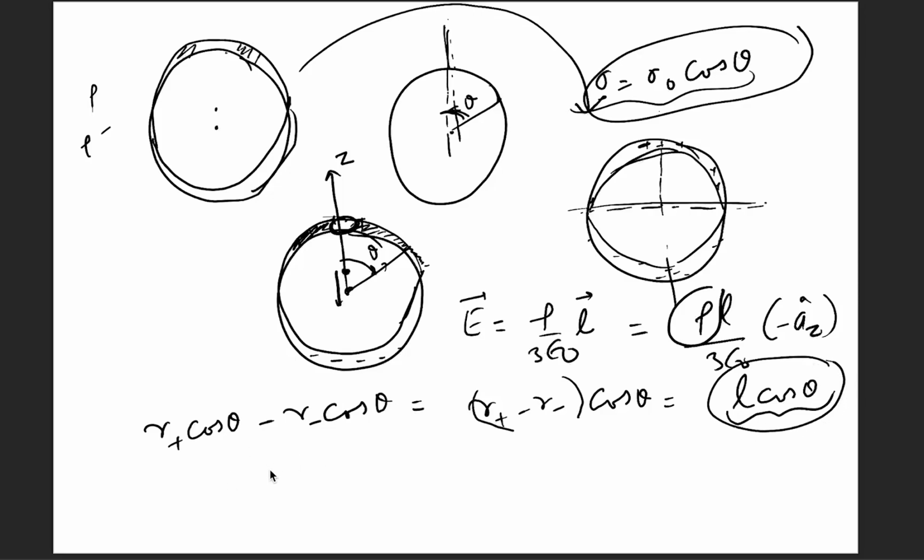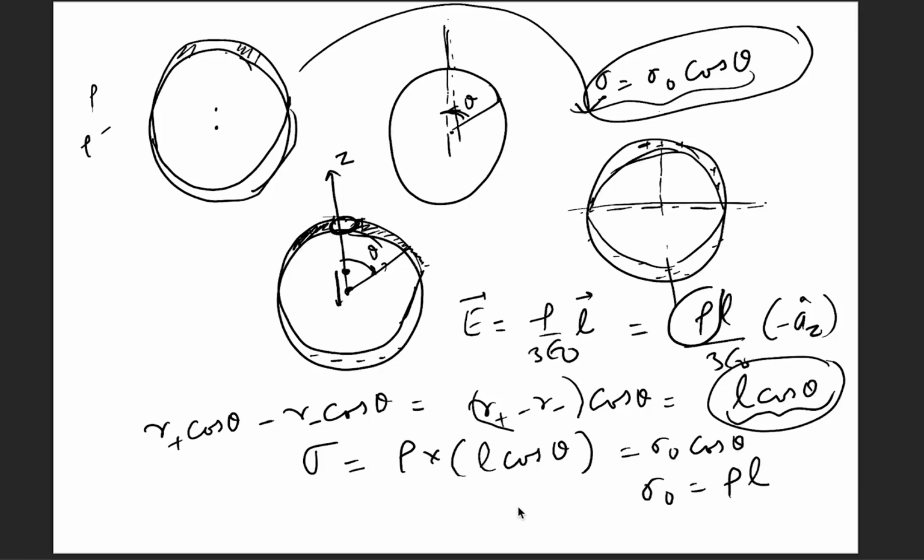To find the equivalent surface charge density, σ is simply ρ times the thickness, equal to σ₀ cos θ, where σ₀ is equal to ρL. So the field is simply minus σ₀/(3ε₀) a_z.